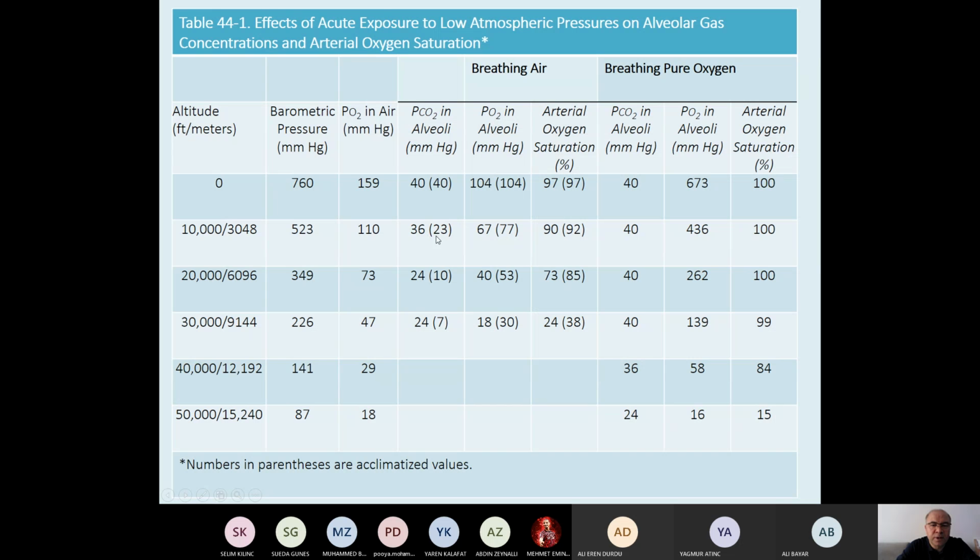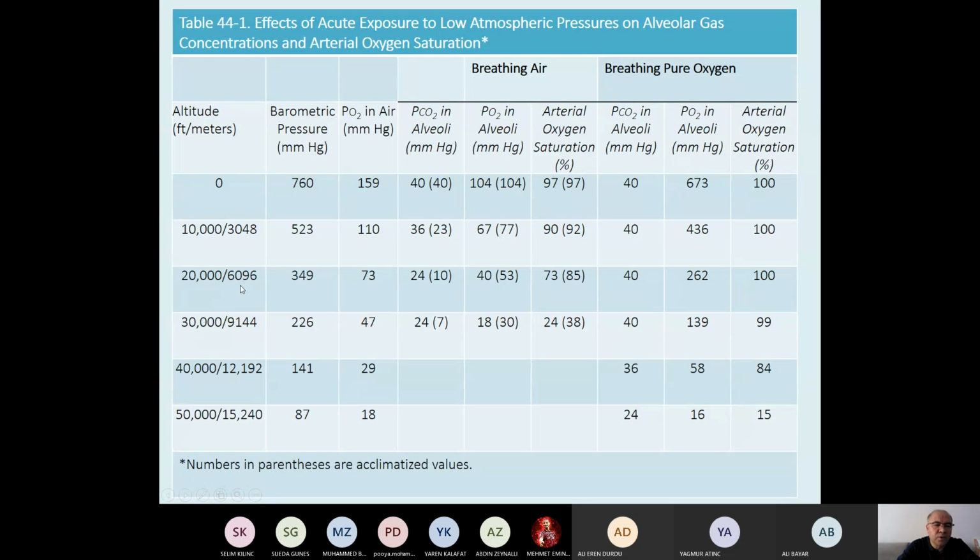In an acclimatized person, it is less, 23 millimeter mercury, and arterial oxygen saturation is 90. In an acclimatized person, it is only 92, only 2% higher. How about pure oxygen breathing? If we breathe pure oxygen, you have 100% oxygen saturation, and carbon dioxide is the same.